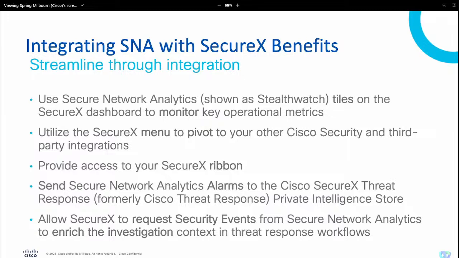The SecureX ribbon persists across the product once the integration is done. You'll be able to send your SNA alarm data up to the Threat Response store. And you're also going to be allowing SecureX to request security event information to enrich that context for your workflows when you're doing your investigation.